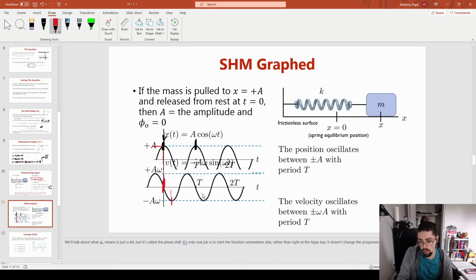Maximized velocity when we have 0 position. And then, of course, we would see the same thing right here. These are not particularly well lined up, but they should be. I think I stretched these things somewhere in the pictures. But these two are supposed to be lining up, essentially. Anytime we have maximized position, we don't have any velocity. Anytime we have maximized velocity, we have 0 position. It just goes back and forth.